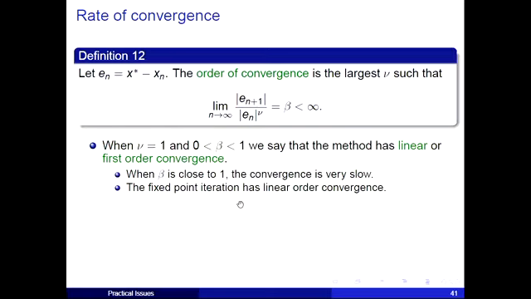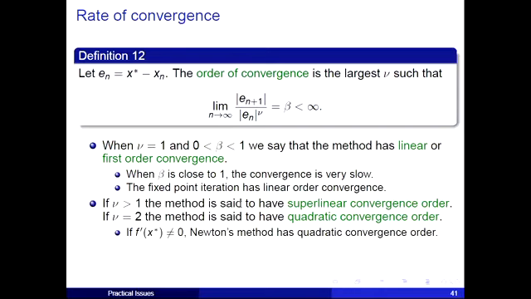So how about the secant method? What is the order of convergence? Is it 1 or 2 or something else? Golden ratio. Okay, you've read the lecture notes.